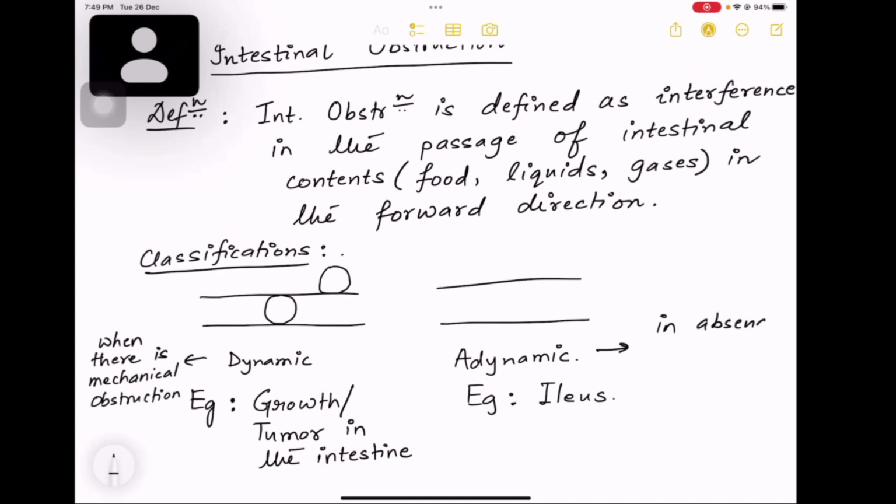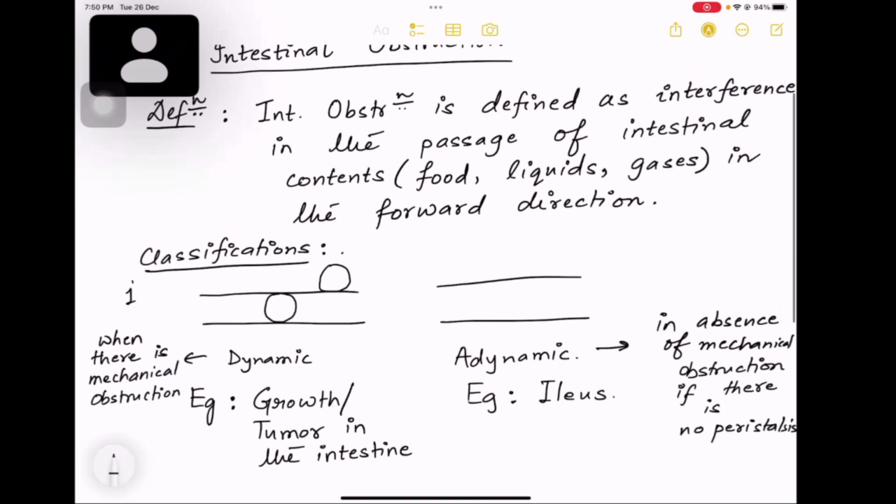Another cause can be when there is no mechanical tumor or any mechanical cause that is causing intestinal obstruction. That is called adynamic intestinal obstruction, and the example of such a case is the ileus. In case of ileus, you get to see that there is no peristaltic movement or there is no visible peristalsis.